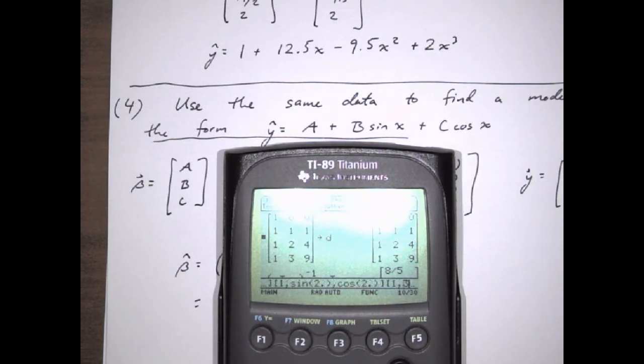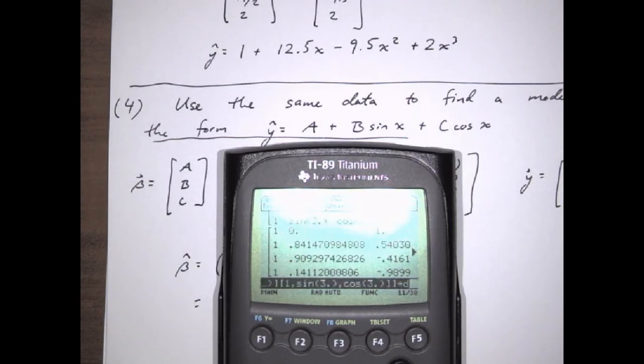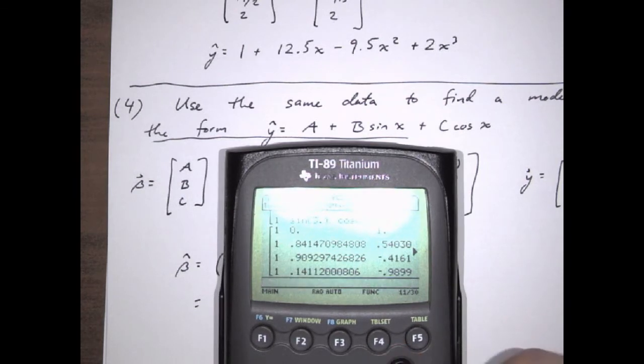And then the last one is going to be sine 3 and cosine 3. So I'm recycling as much as I can of the keystrokes to save myself all the trouble of entering it. And I get these things, and they're just crazy decimals, and there's nothing I can do about that. Okay, so is it right?